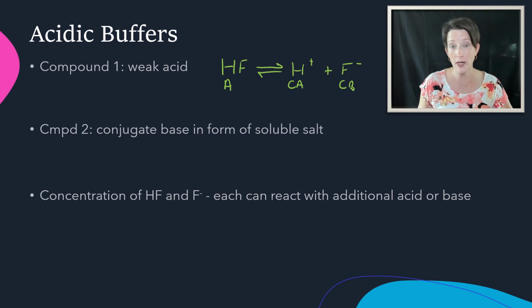If you go back to the strengths of acids and their conjugate bases chart that we have used before, we can figure out where the reactants are being favored in this equilibrium reaction. Because F- is a stronger conjugate base, it's going to favor the HF.